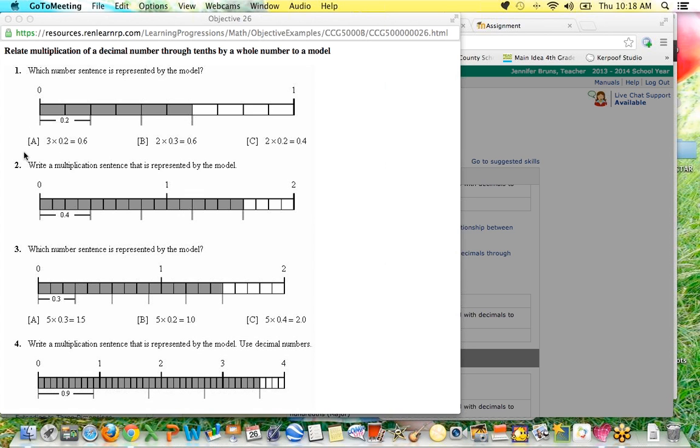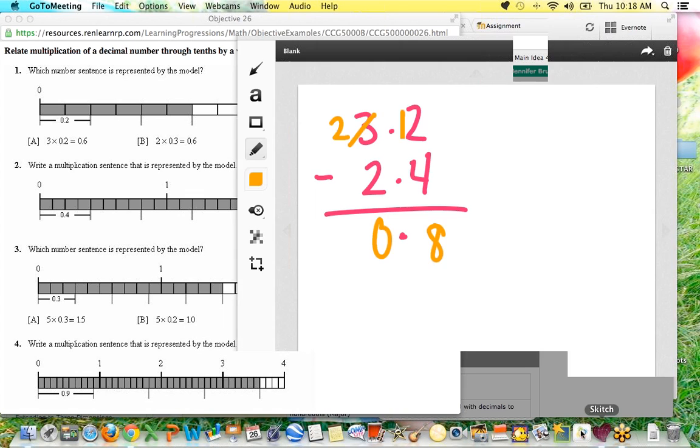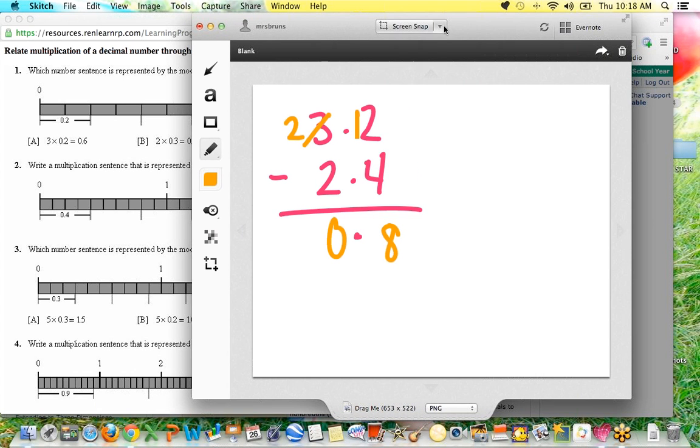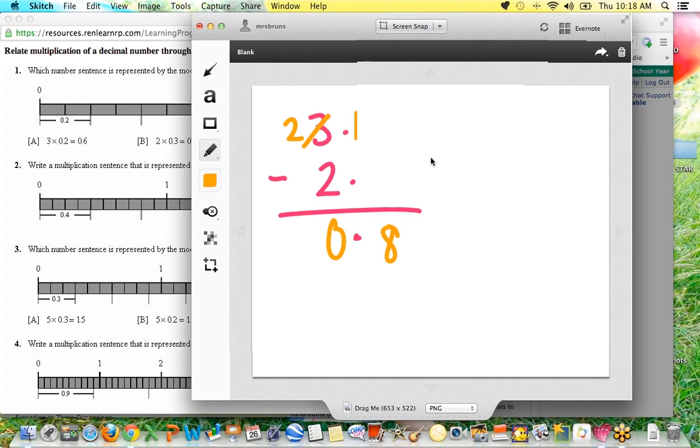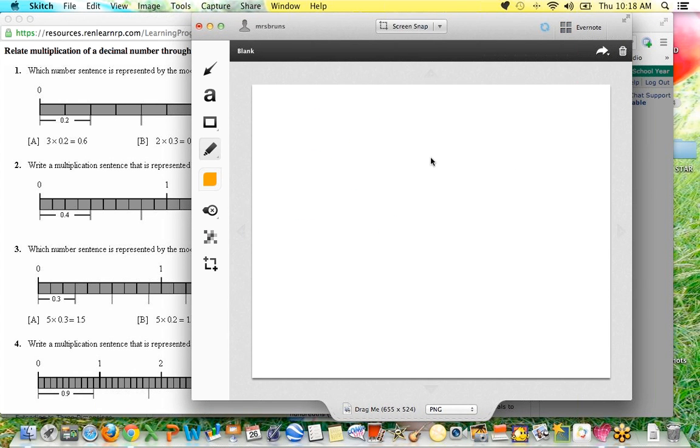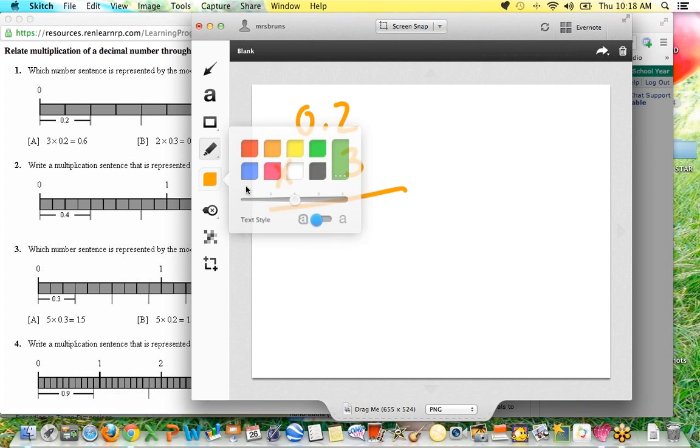And then just a little side note for you. When you are doing a multiplication problem that involves decimals, here is a really easy way of figuring out where I would put my decimal point. Look at this problem.